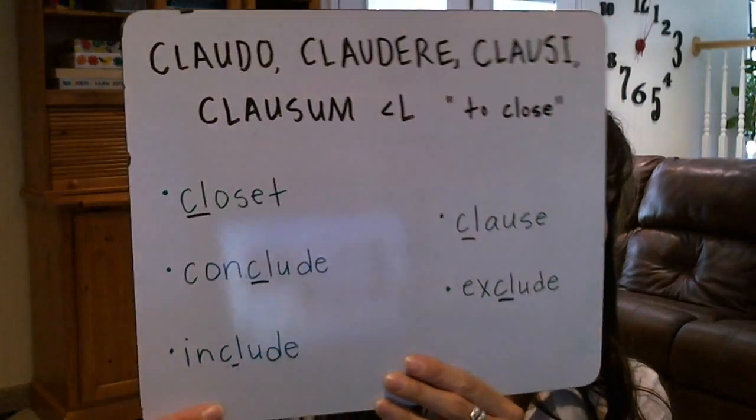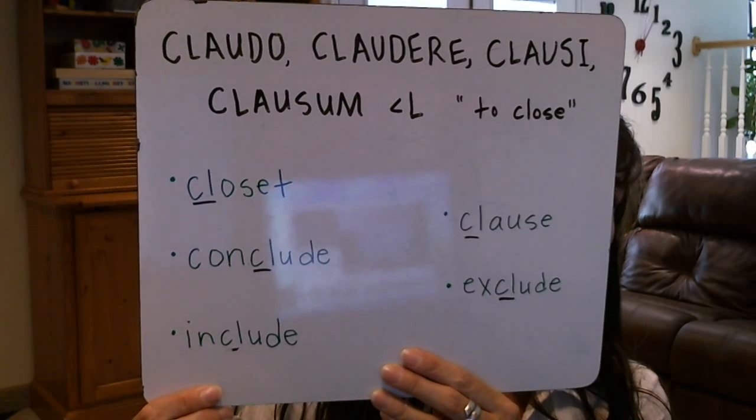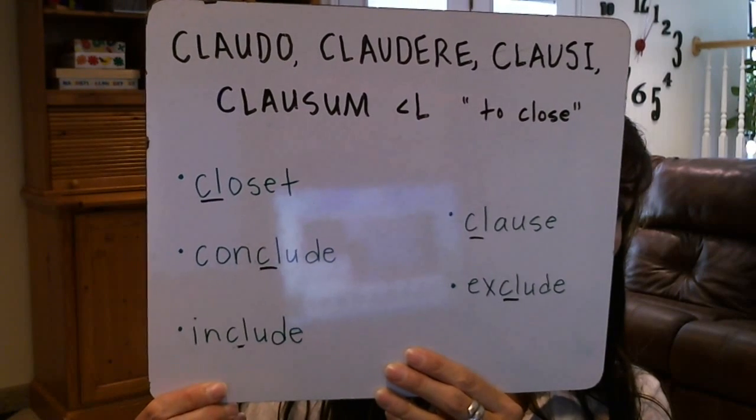Before you begin, did you notice some of the words that were spelled C-L-A-U-D-O, that had that root, like one of them, claudo, meaning to close? Well, I'm going to show you something. These were some of the words that it had in the book. You can see the roots at the top, claudo, claudere.